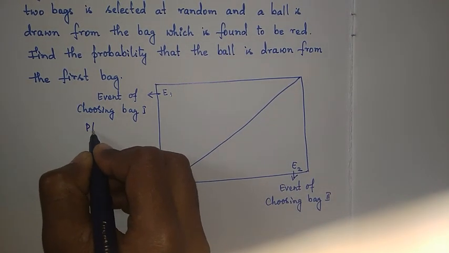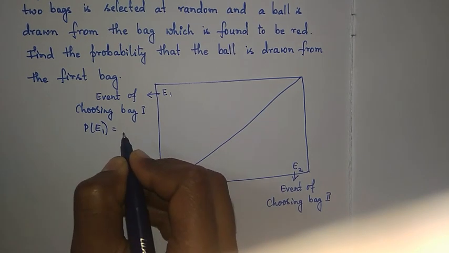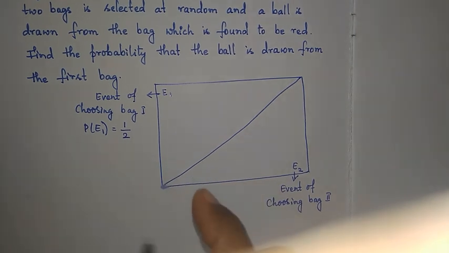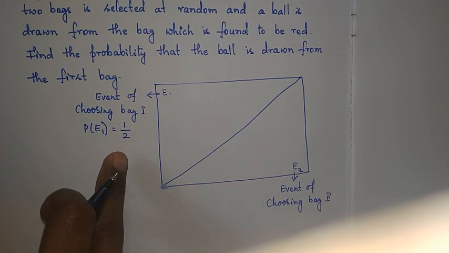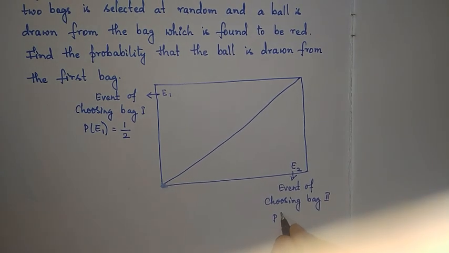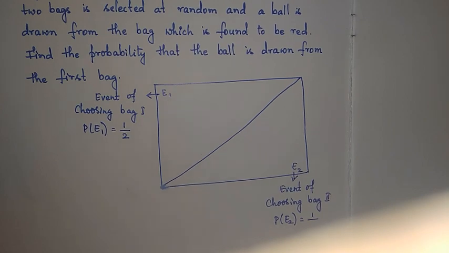So the probability of E1: we have to choose one bag among the 2 bags, so P of E1 is 1 by 2. And P of E2 is also 1 by 2.